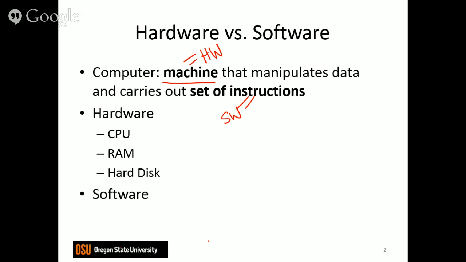So the most simple pieces of hardware that we have on our computer are the CPU, which is the central processing unit, which you can think of as the brains of the computer. And in the CPU, you can have registers.